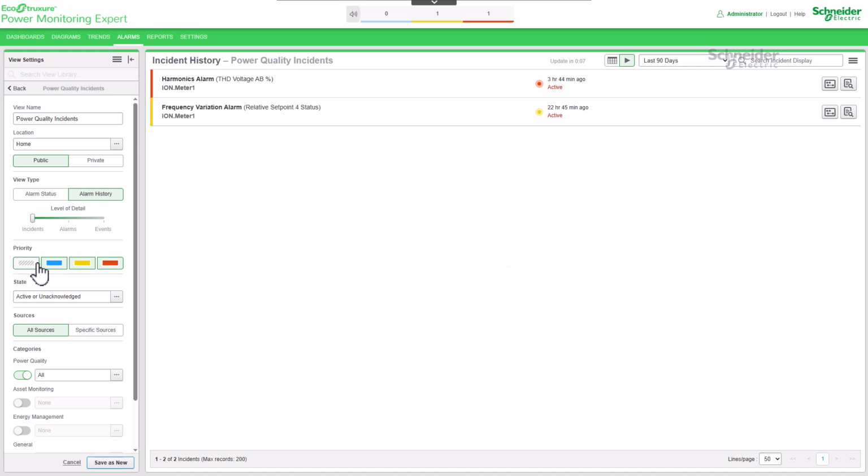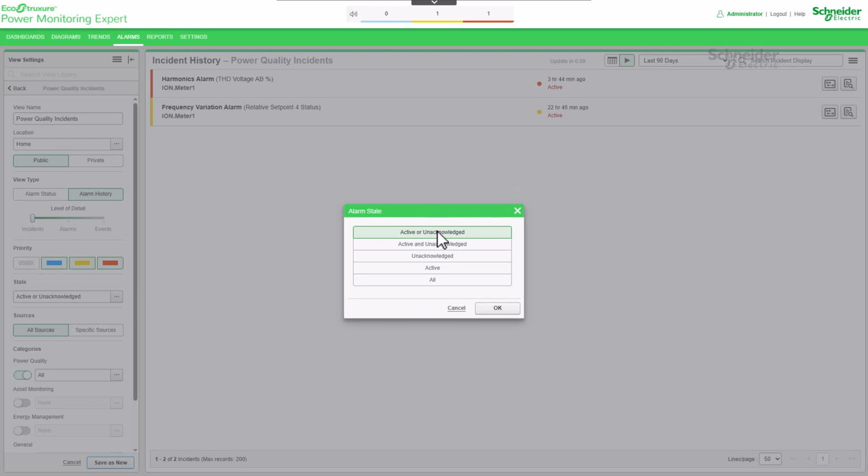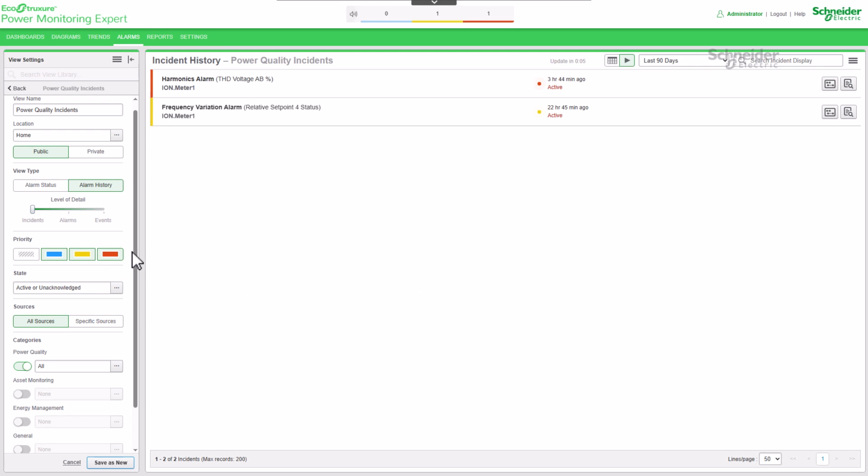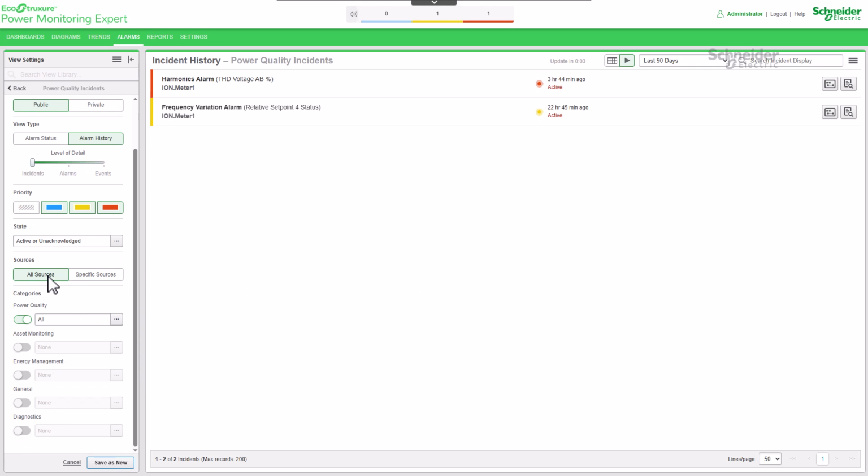In terms of priority, high, medium, and low are enabled, excluding the raw events indicated by the gray rectangle. Regarding state, it is configured to show active or unacknowledged incidents. With no filter for sources, meaning all devices in the system are included.